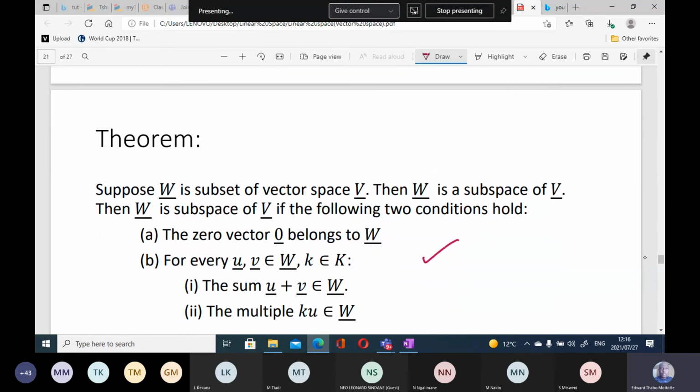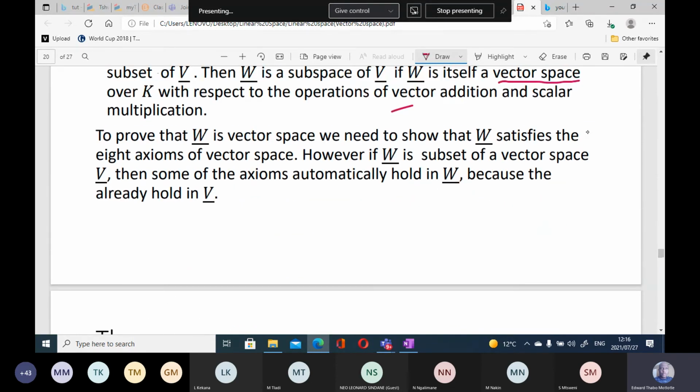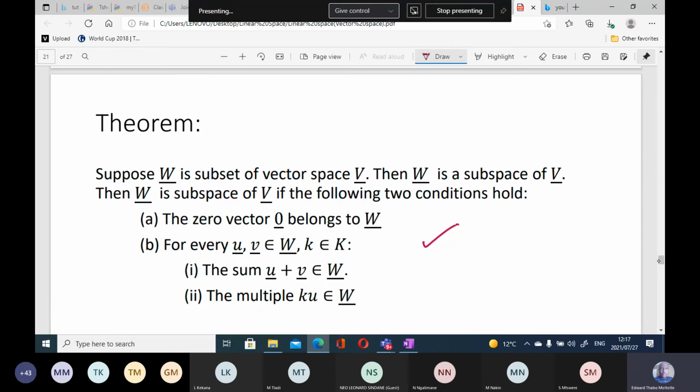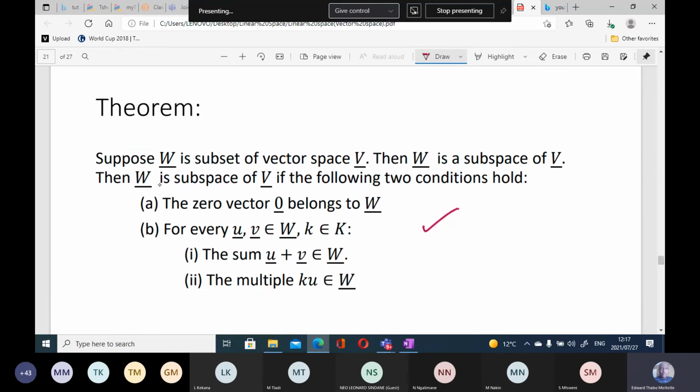Now, this last statement here actually simplifies our work. We don't have to prove all the 8. So we'll choose what to show. So you just need these 3. This is a theorem. Suppose W is a subset of vector space V, then W is a subspace of V if the following 2 conditions hold.